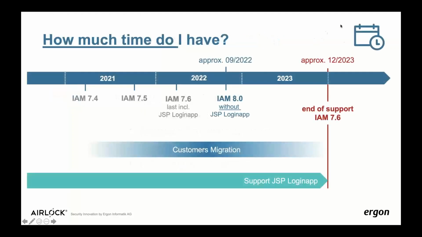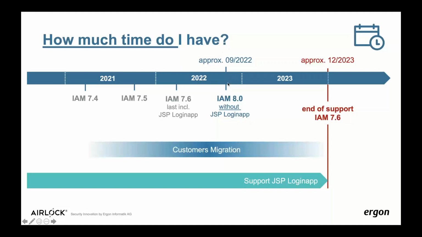As I said before, there will be a certain point where you have to migrate. So at the moment we're here, 2021, we just released our new IAM 7.5, which we're very proud of. And next year, probably at the end of Q1, we will release IAM 7.6, which will be the last Airlock IAM release including the JSP login app, the old UI.